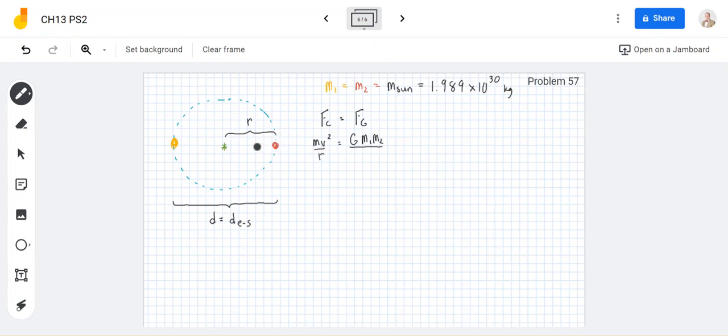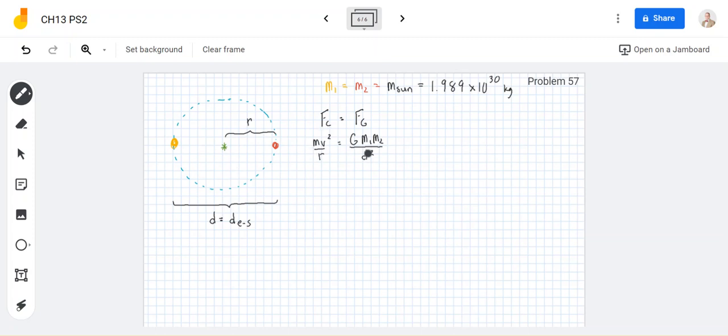This time it's divided by d, which is the distance between them. Now, we're going to notice here that d is equal to 2r, and I think that's going to be important for us coming up, but I just want to get this down first.